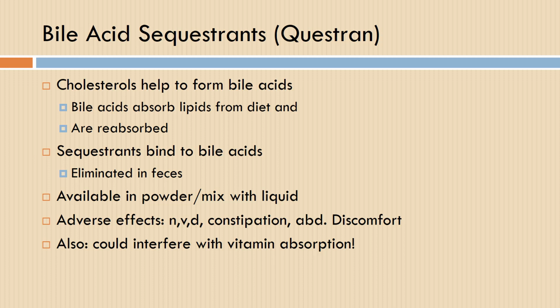Cholesterols, among their other functions, help to form bile acids that help to digest fats. The bile acids absorb lipids from the diet, and then the lipids are reabsorbed in the small intestine. Bile acid sequestrants work by binding to bile acid.